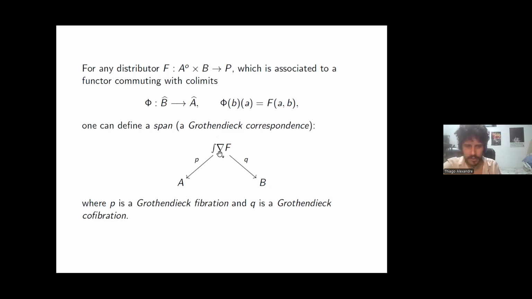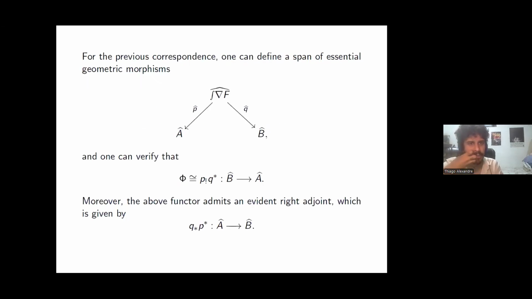Here we just take the Grothendieck co-integration, which I denote with the single nabla, and then the usual integration. Now, for the previous correspondence, one can define a span of essential geometric morphisms between the toposes, and one can verify that.